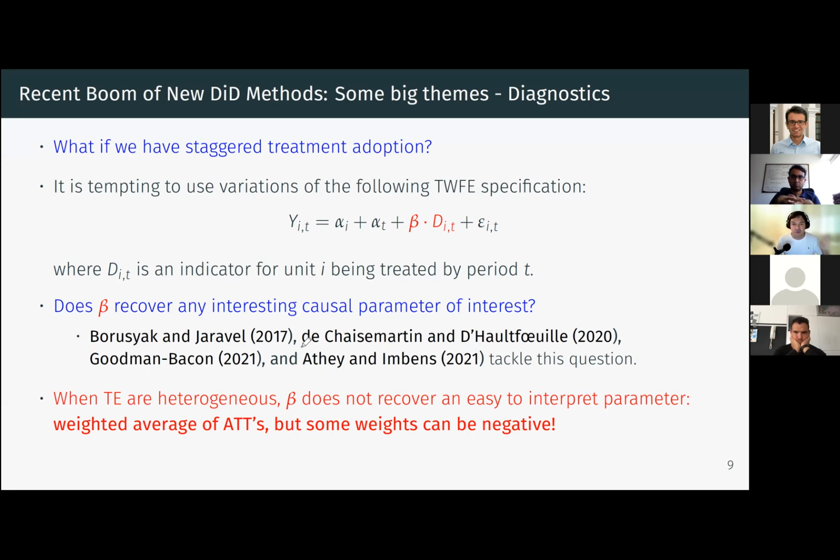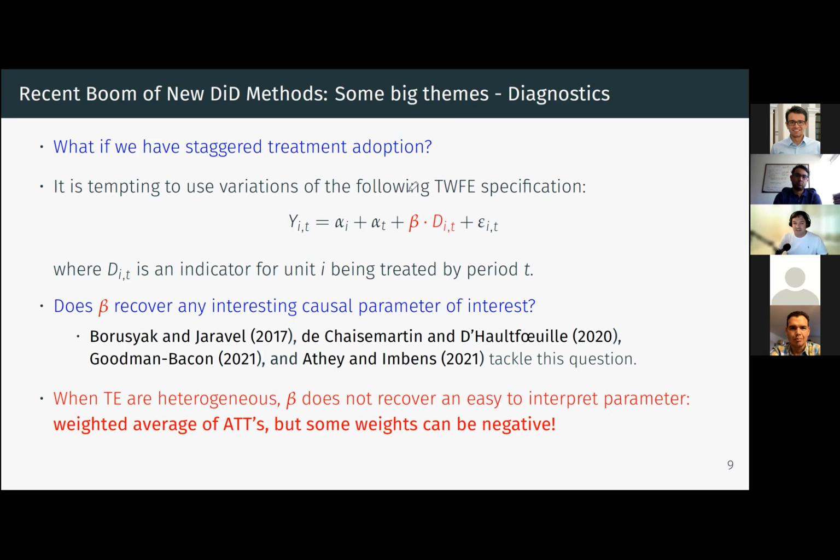They imposed some homogeneity assumptions behind the scenes, right? Deschamps-Martin and Dalton Fourier allow treatment to turn on and turn off, but they only restrict attention to instantaneous treatment effects. And Goodman-Bacon does not allow treatment to turn on and turn off, but he allows for dynamics. So all these papers provide different types of decomposition results, trying to answer what is beta in this heterogeneous world.